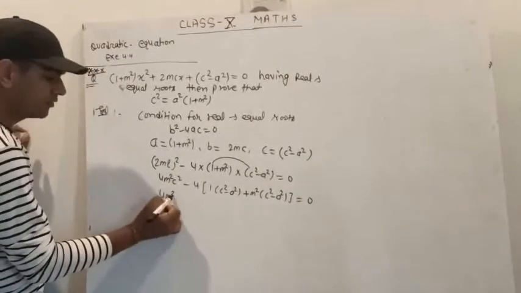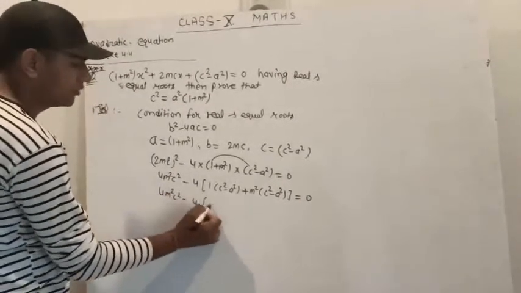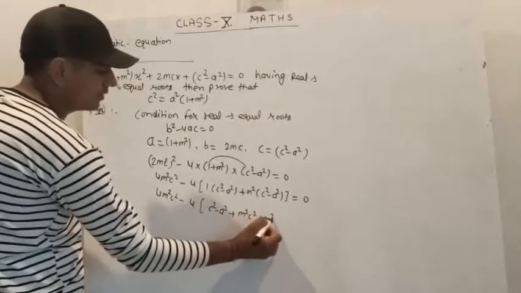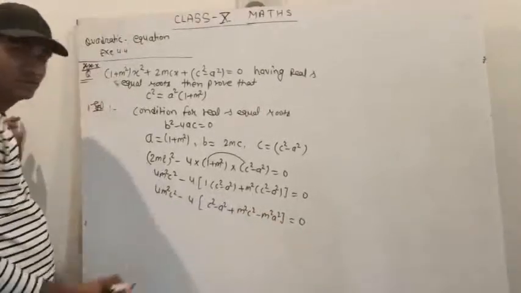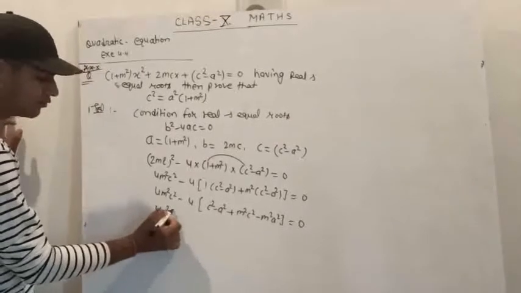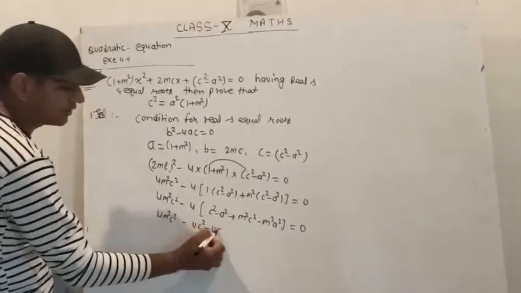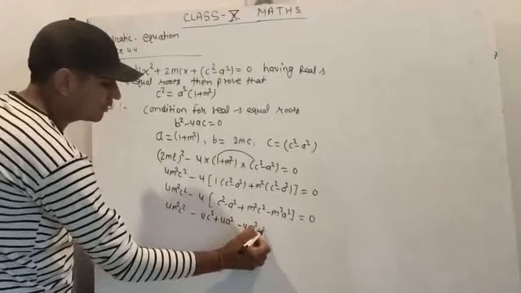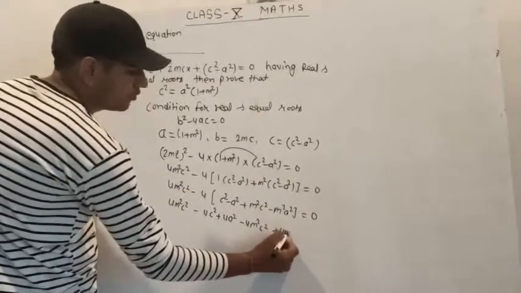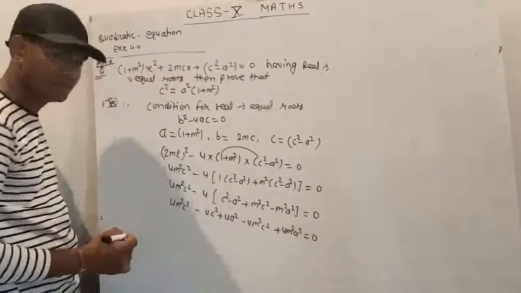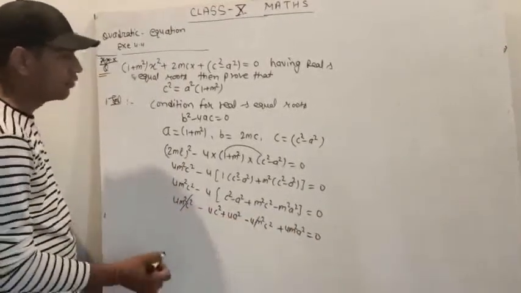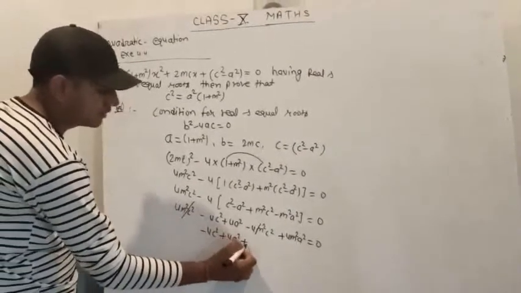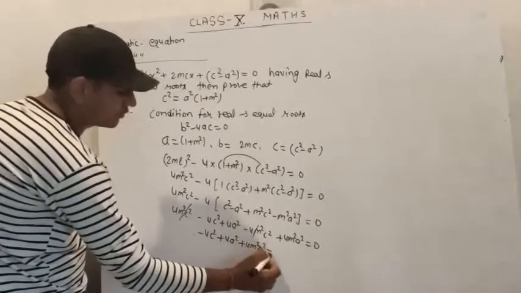So 4 m square c square minus 4 (c square minus a square plus m square c square minus m square a square) equals to 0. 4 inside multiply होगा 4 m square c square minus 4 c square plus 4 a square minus 4 m square c square plus 4 m square a square equals to 0. Cancel. Now we want one side c square, so minus 4 c square plus 4 a square plus 4 m square a square equals to 0.